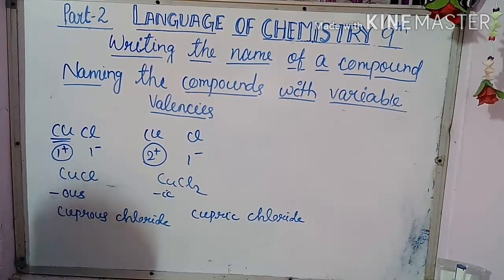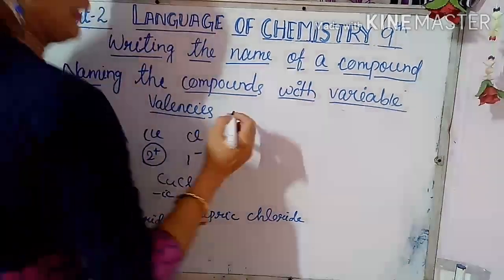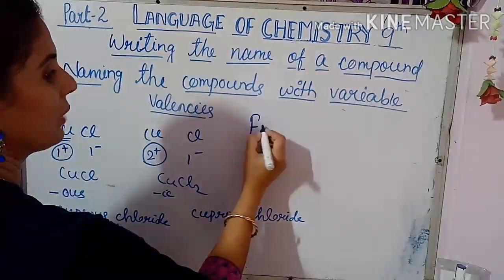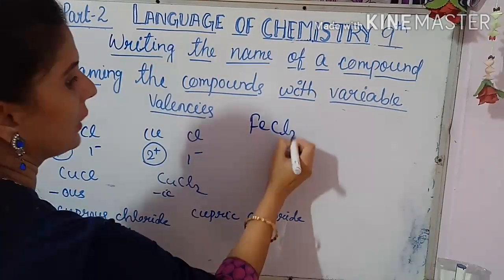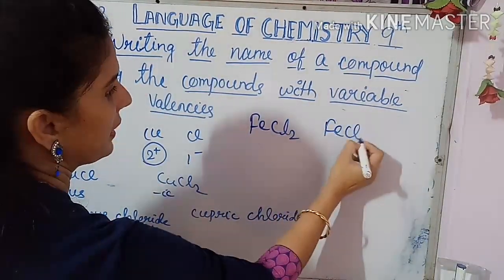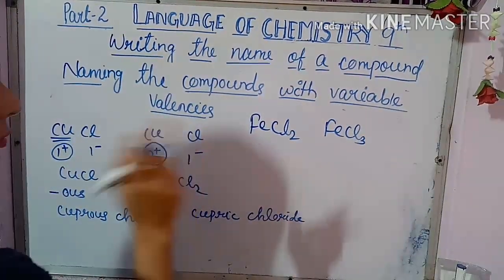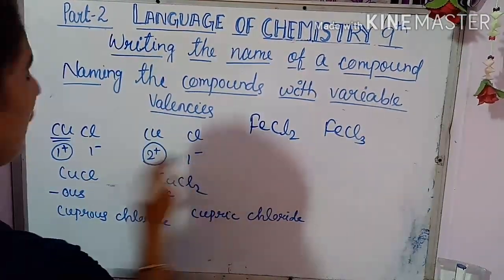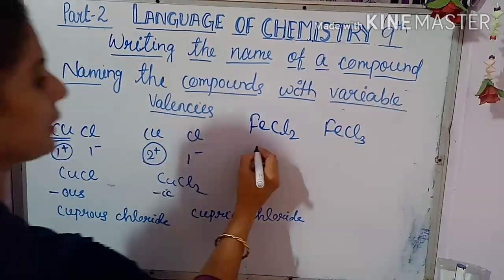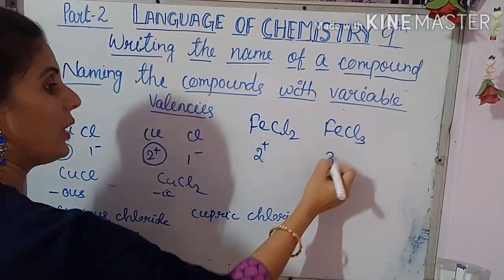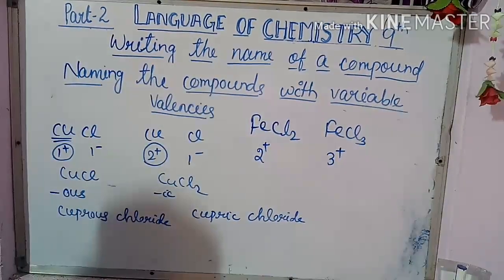Another example I can take is iron. You can see FeCl2, and another one is FeCl3. As you know, iron shows two variable valencies. Here it is 2 plus and 3 plus. These are the variable valencies.